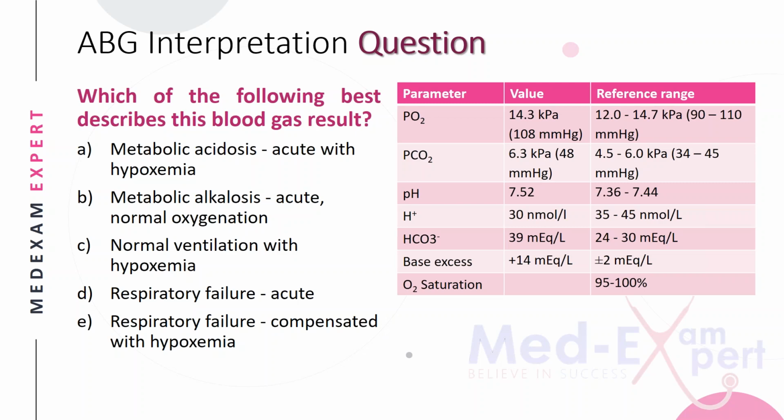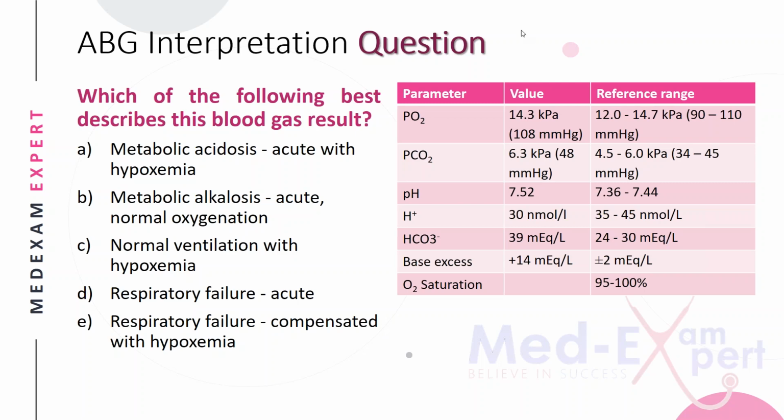Please raise your voice. I can't hear you. E. Metabolic acidosis with acute normal oxygenation. Metabolic alkalosis, acute normal oxygenation. So you mean B? The answer is B? Okay. Let's interpret before showing the answer.